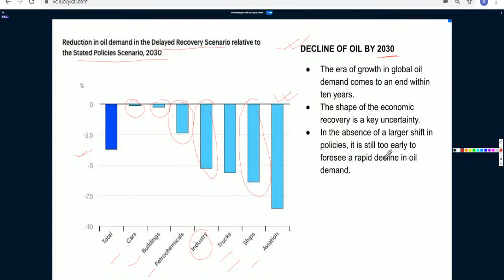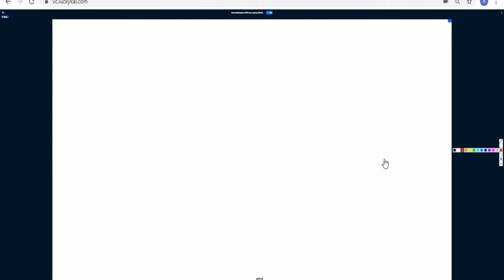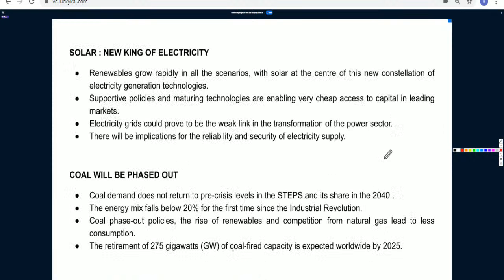So, decline of oil by 2030: the era of growth in global oil demand comes to an end within 10 years. The shape of the economic recovery is a key uncertainty. Absent a larger shift in policies, it is still too early to foresee a rapid decline in oil demand. These are the things associated with this particular report.